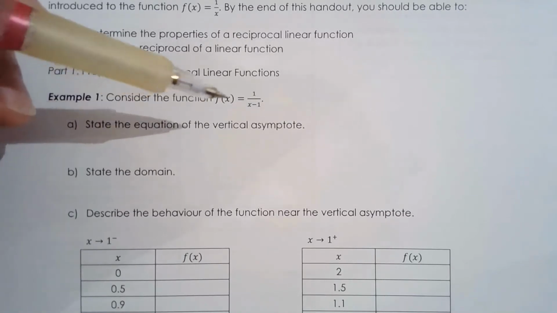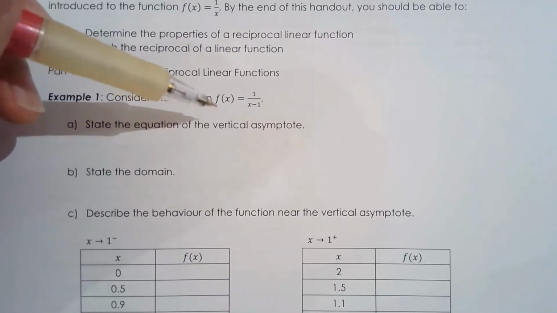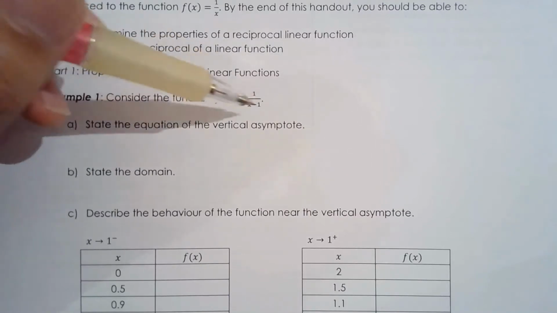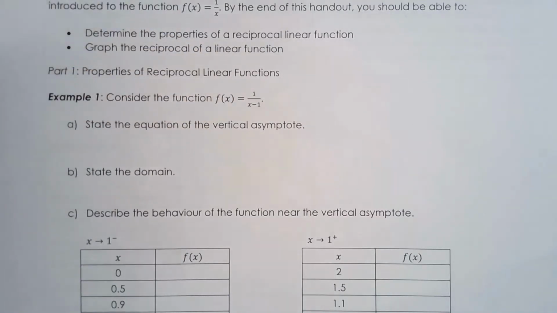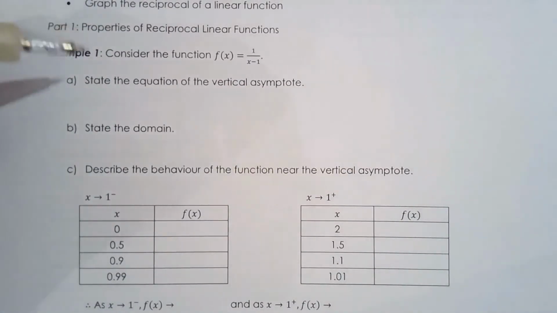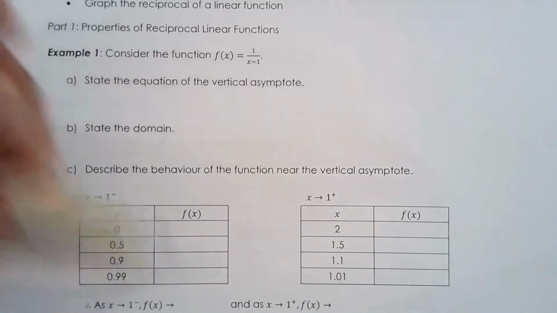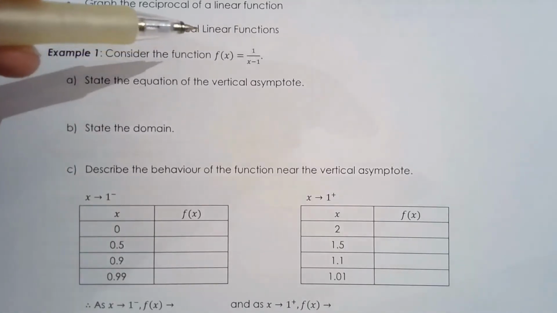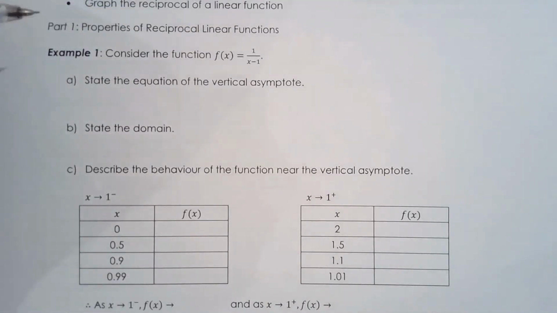And in fact, at the end of this lesson, I'll give you a third way to graph 1 over x minus 1. But this is the way that I want you to focus on for this unit. We're going to figure out the properties for this graph, and then we're going to piece it together and draw the graph of the function.